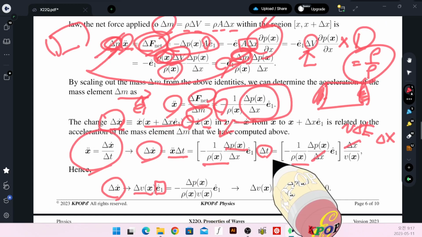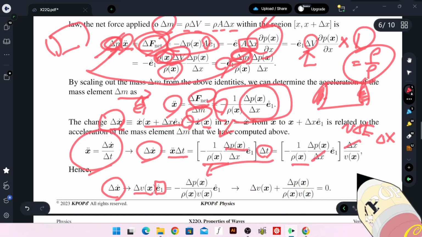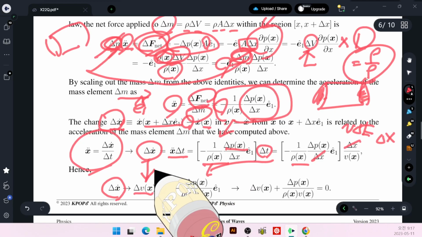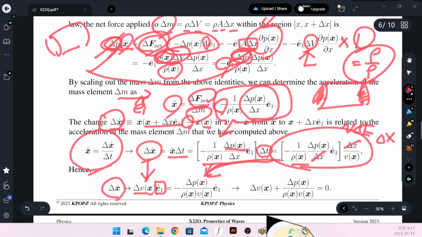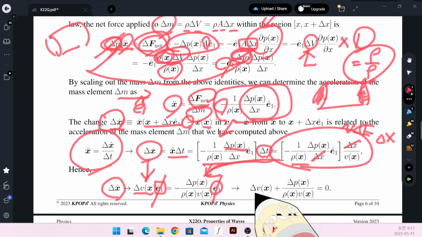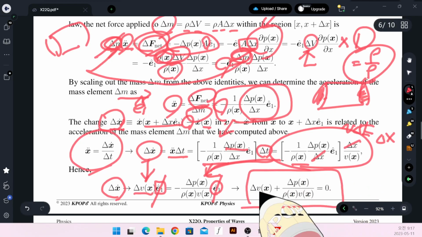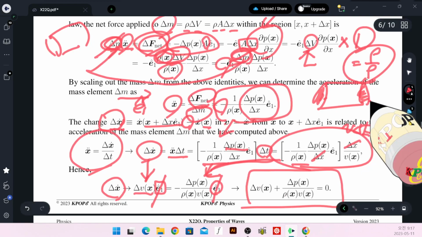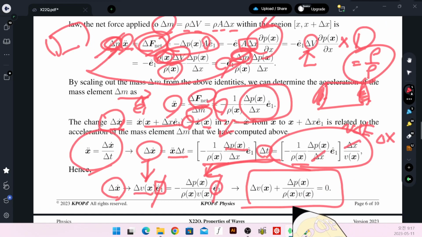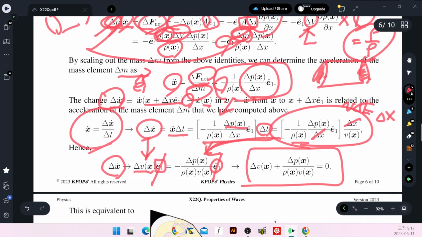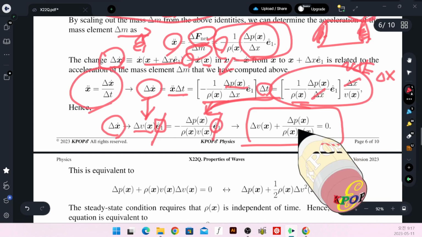As a result, I can substitute this one in here. This is a carbon copy of this, and this is copied to here. Finally, we can remove the parallel unit vectors to find that the change in velocity on the right side and left side plus pressure divided by density velocity is 0. So let us simplify this.